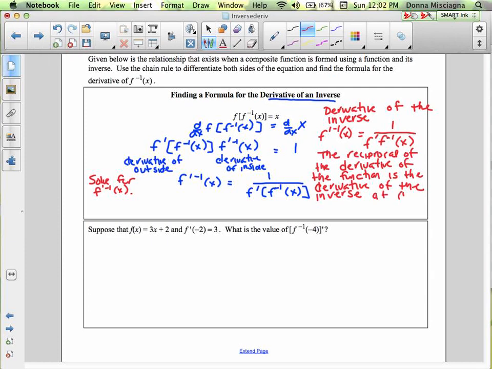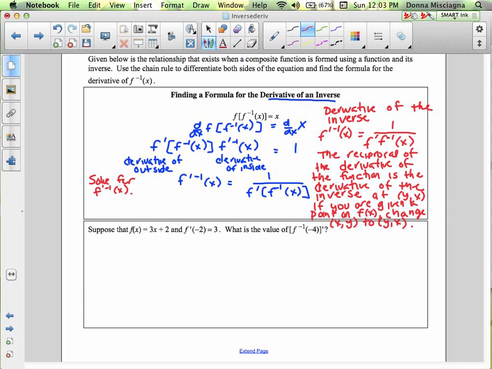at y, x. And so if you are given a point on f of x, change x, y to y, x.